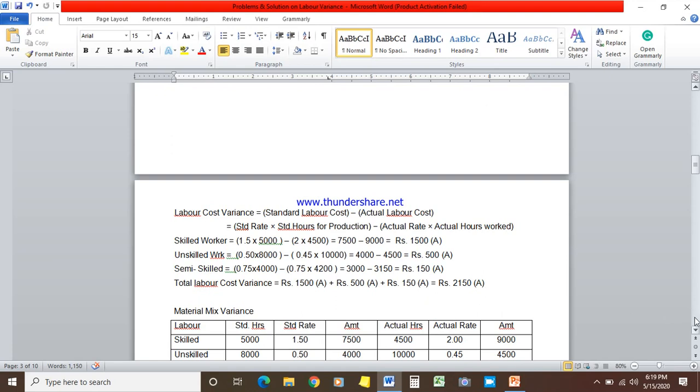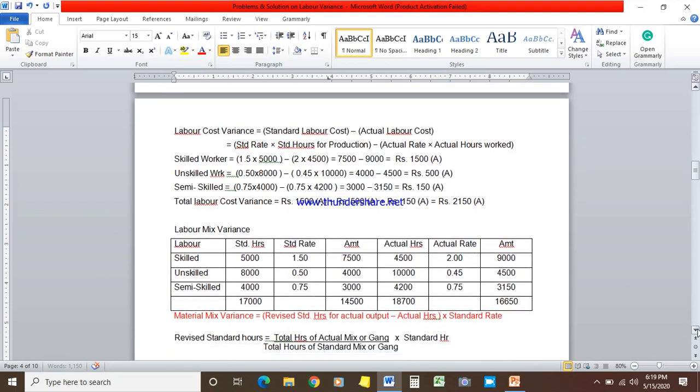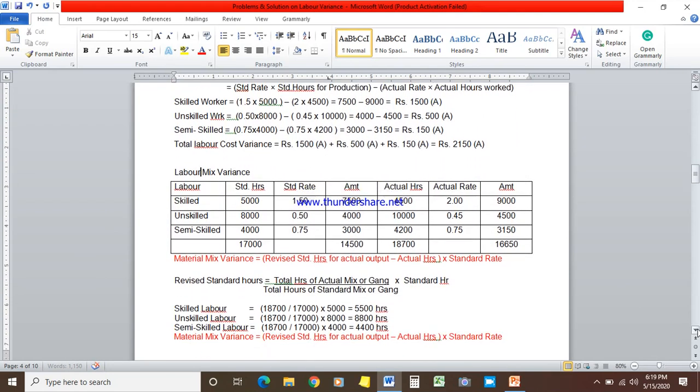So along with this we are supposed to calculate what is known as the labor mix variance. So when you're calculating labor mix variance, what are the points you need to remember? Labor mix variance comes into picture when different sets of workers are working on manufacturing a given product.